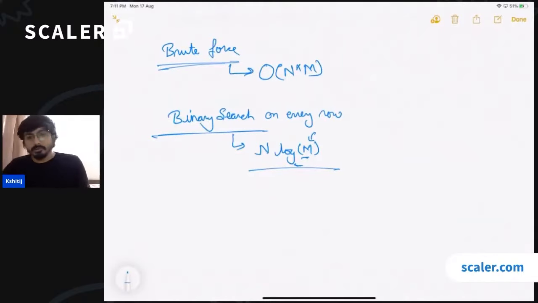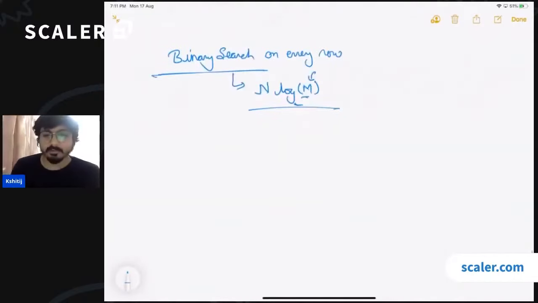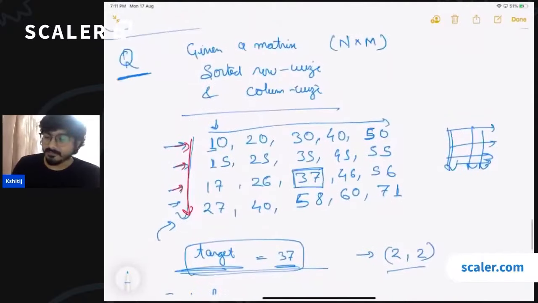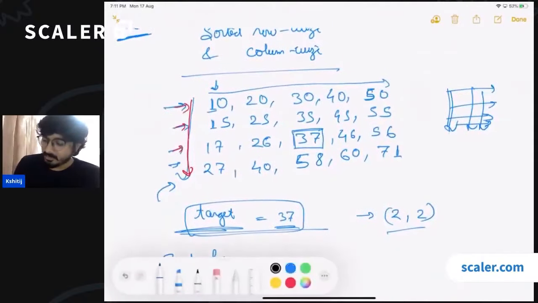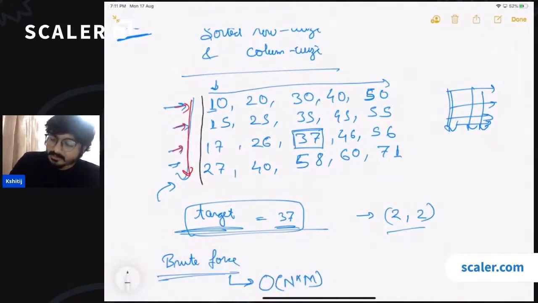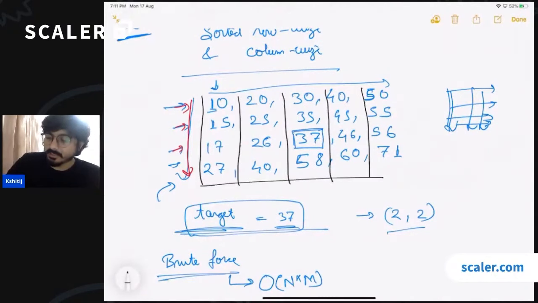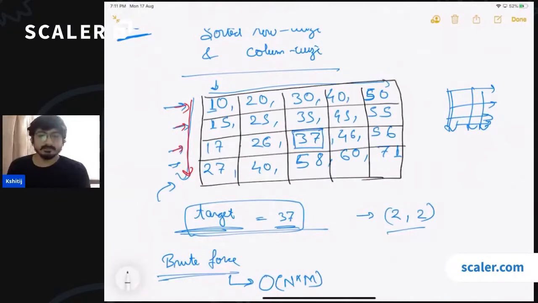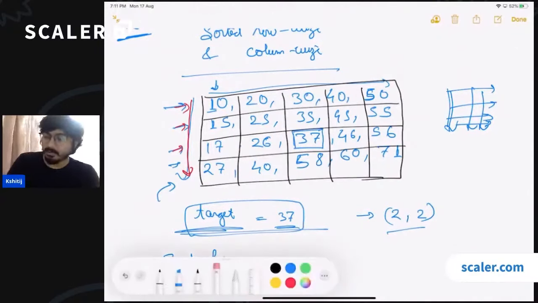Okay, if we want to do better, let us try to make some quick observations. If this is the matrix, let's draw a matrix here. Where can we find the smallest element of this matrix? Can you guys quickly tell me the coordinates of the smallest element present in this matrix? The smallest element of this matrix is going to be at 0, 0, right?